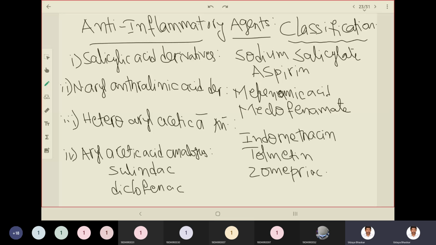The second category is anthranilic acid derivatives, examples mefenamic acid and meclofenamate.